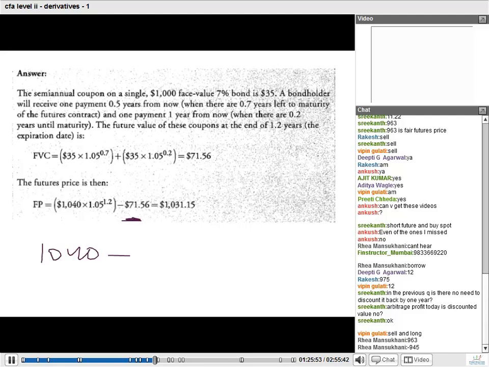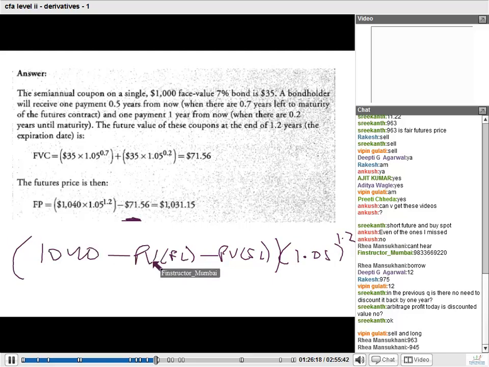Both will give you the same answer, guys. Both this method and the method I am explaining. Present value of the first coupon minus the present value of the second coupon raised to the power 1.05, which is the rate of interest, to 1.2, because there is 1.2 years to maturity. So from the current spot price, remove the present value of the dividend payments and apply the formula F is equal to S naught e raised to power RT.